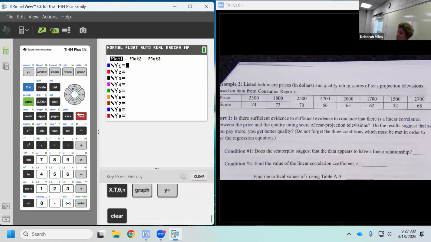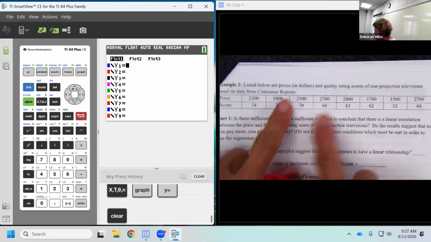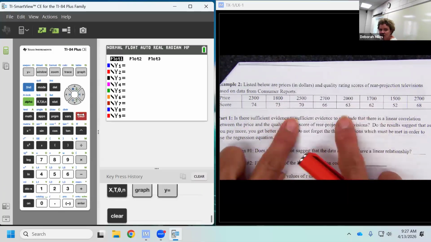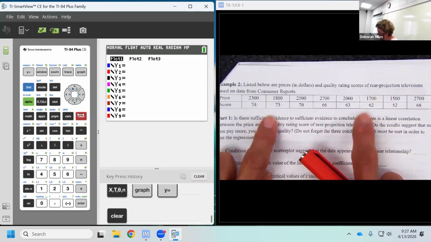The more you pay, the better TV you get? Maybe, hopefully. Is that always true with electronics? No, that's certainly not always true. So let's find out for rear projection televisions if price seems to affect score in a linear manner.